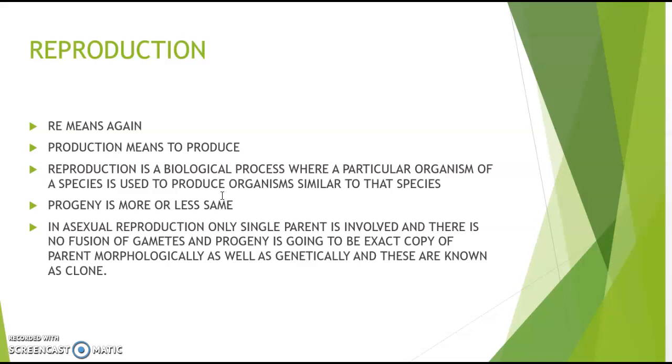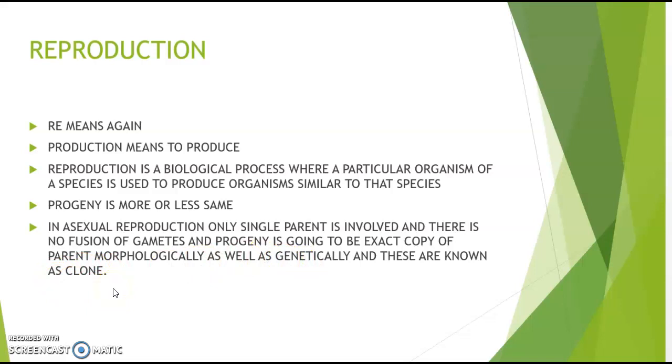In asexual reproduction, where only a single parent is involved and there is no fusion of gametes, the progeny is an exact copy of the parent, morphologically as well as genetically. So here the progeny is more like the parent. When progeny is morphologically and genetically the same, we use the term clone.